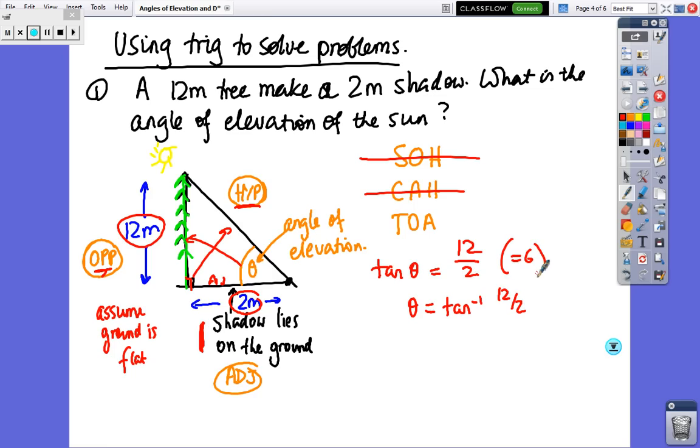Just put 6 equals, and then use your calculator: shift tan 6 equals, so it's 80.5 degrees. And if you wanted to do minutes and seconds, like we did in last class, 80 degrees, 32 minutes, and 15.6 seconds. Sorry again, it was a tan question, not a sine or cos question. Okay, copy that down. When you're ready, come to the next slide.